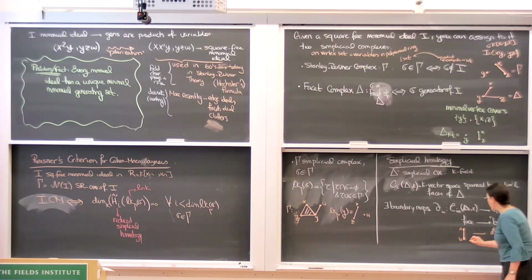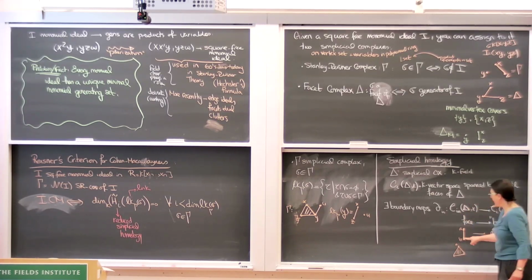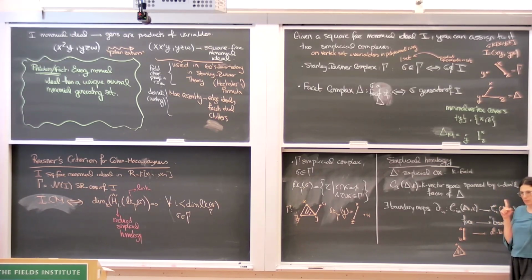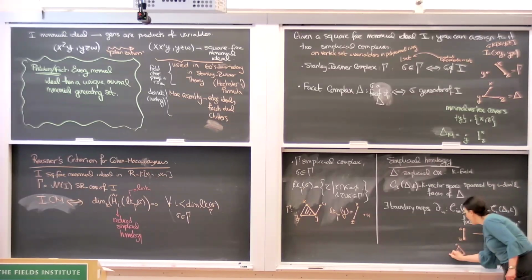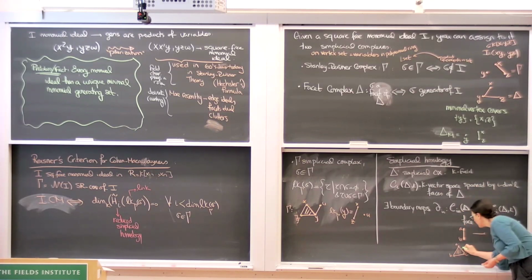Okay? And a triangle, this is, an edge is the smallest simplicial complex of dimension 1. It's a 1 simplex. Smallest means smallest in terms of number of vertices. A triangle is the smallest simplicial complex of dimension 2. So A, B, C. What I'm going to do, so there is a proper algebraic definition where you orient everything, but we don't have time for that. So I'm going to just give you a gist of it.